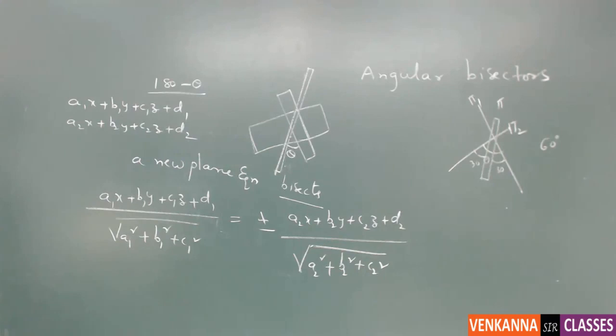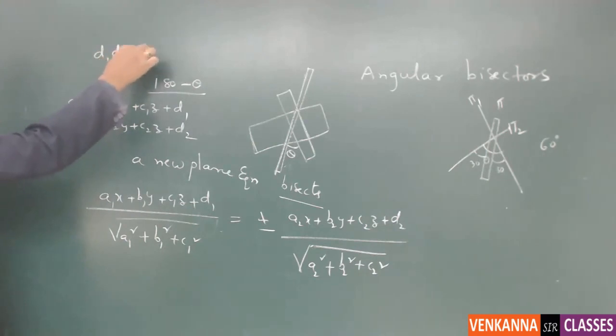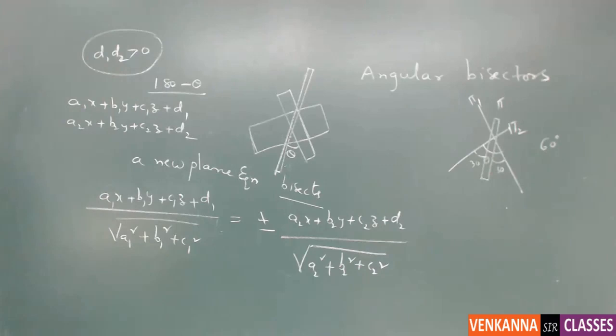Please take a note of this formula. Now understand that we apply this formula whenever the product of the constants is positive. That means after observing the given plane equations, we will write them in such a way, if required, that both constants have the same sign.